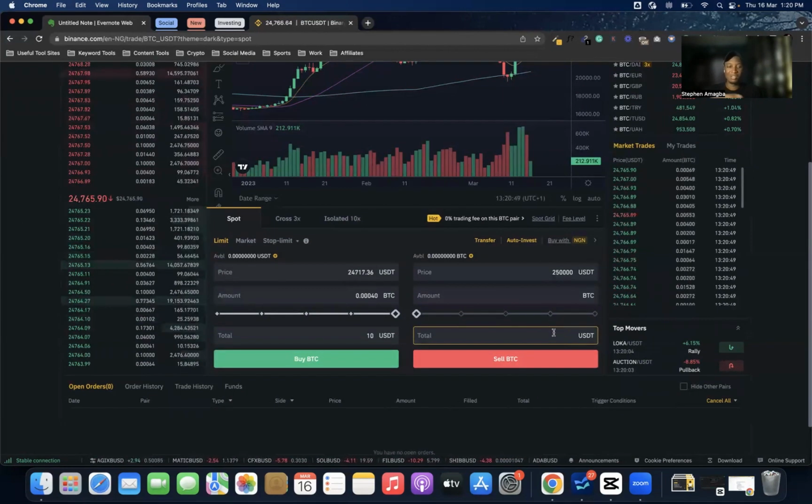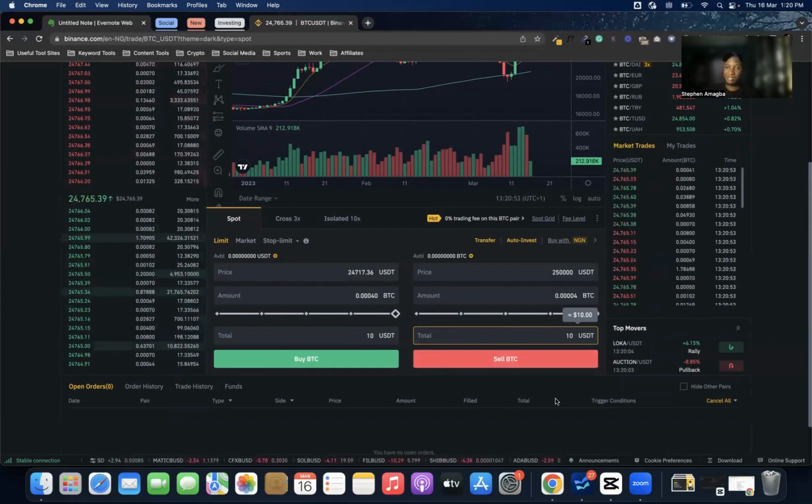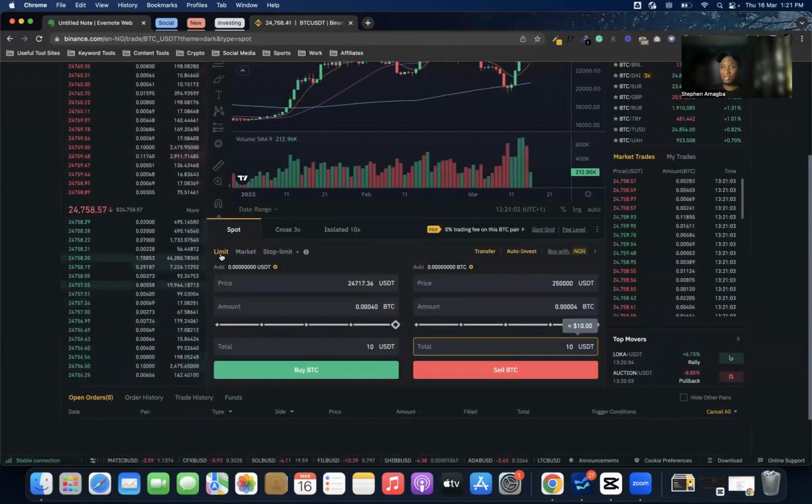You can also input the amount in USDT value to calculate that, and then you click sell, and you get your USDT. Whilst here, when you click that, you actually get BTC. So depending on what you choose, limit orders or market orders, a limit order executes when price gets to the point you set, and a market order executes immediately.